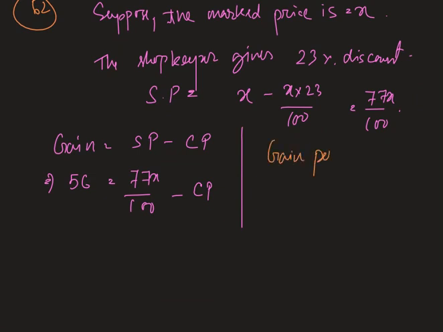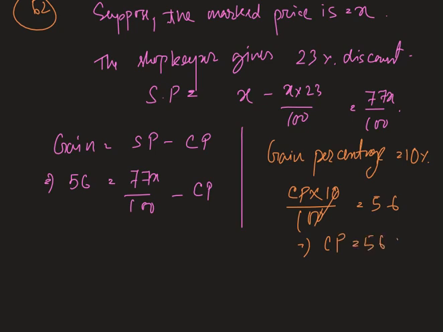Gain percentage is 10%. Now gain is on the cost price, therefore cost price into 10% is equal to 56 rupees. So cost price is 560 rupees.